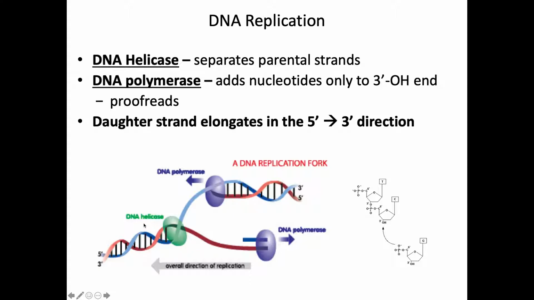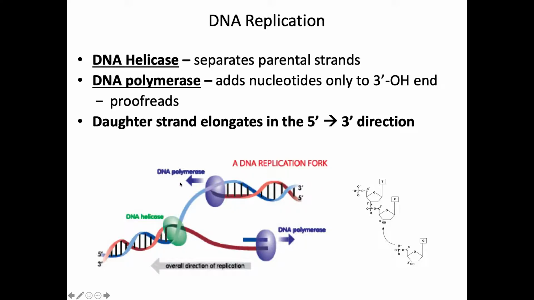So we basically say that this DNA helicase will separate, unwind, disconnect these two parental strands. And then next we have another enzyme called DNA polymerase. This DNA polymerase is the enzyme that will add the nucleotides to make the new daughter strand of DNA.